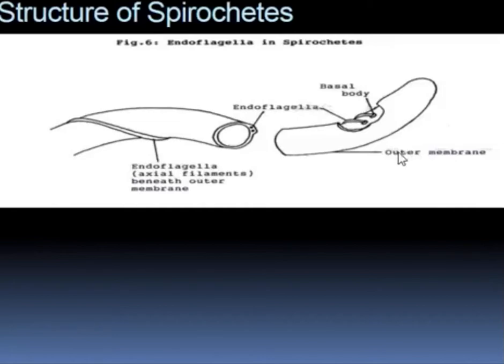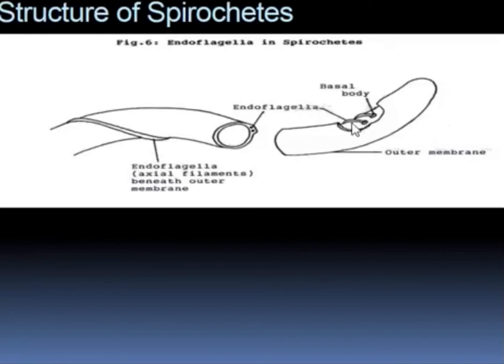So if we remove now the outer covering or the outer membrane of a spirochete organism, we see the axial fibril, which is actually the locomotor organelle I said in the previous slide. Locomotor organelle because the axial fibril is actually the equivalent of flagella in a normal organism.